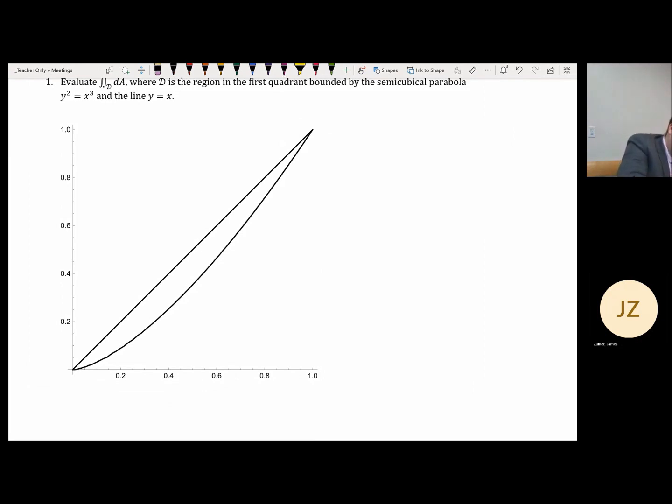I don't want R. That is our region D. What I'm going to do is just label those points.